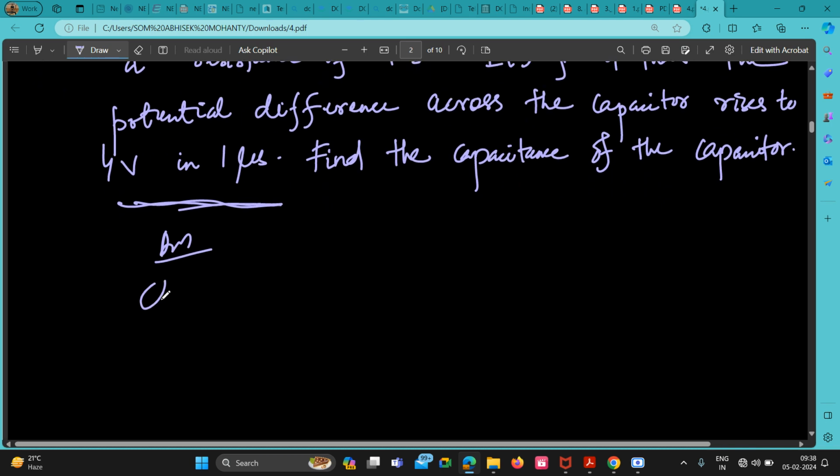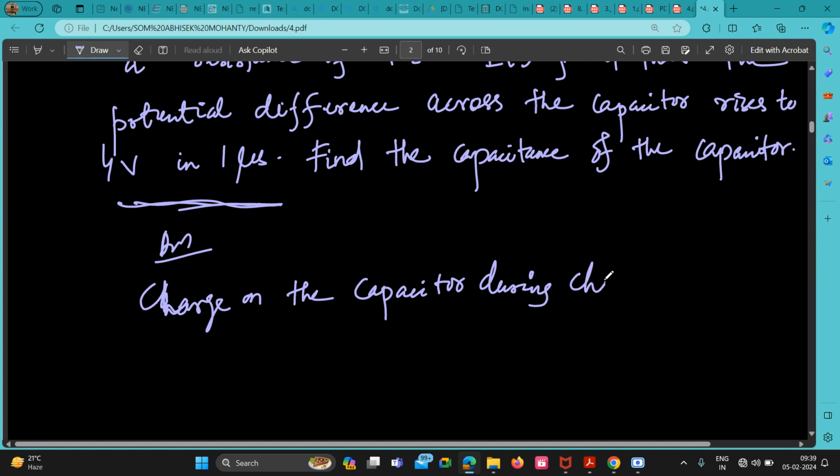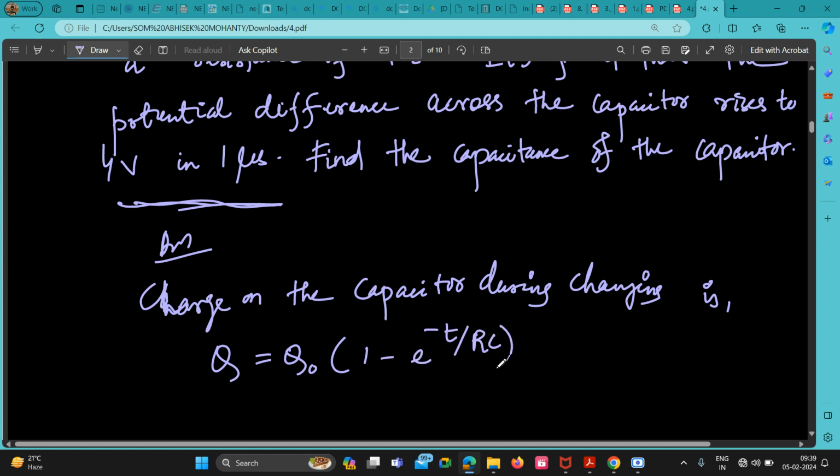Write down the charge on the capacitor during charging: Q is equal to Q naught times 1 minus e to the power minus t by RC.